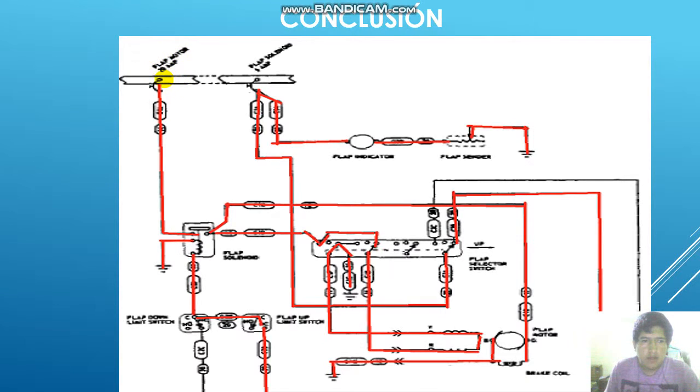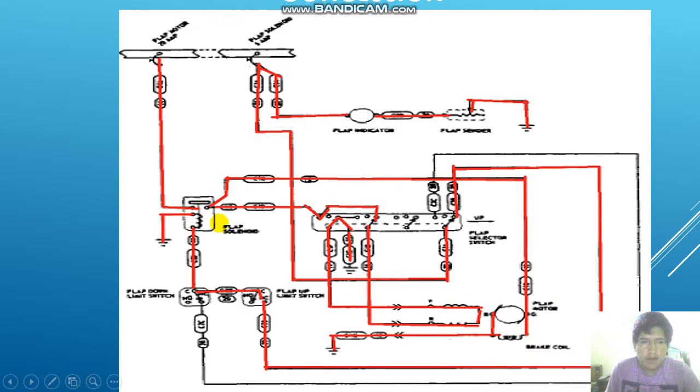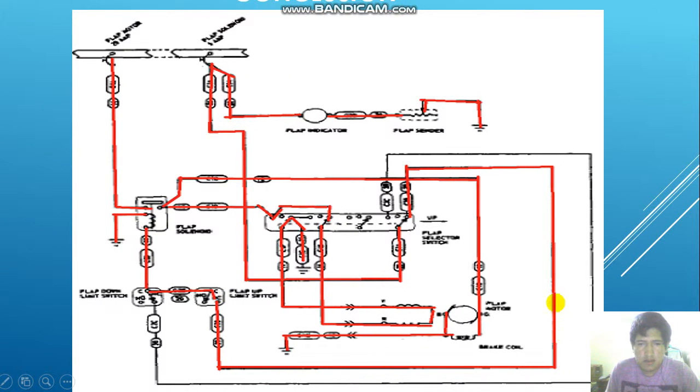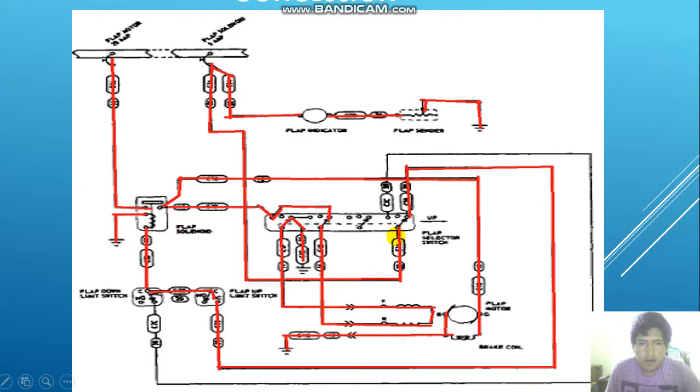So the current travels and arrives at the flap solenoid. This flap needs positive current, but the negative current travels this way, then arrives at the flap position selector.